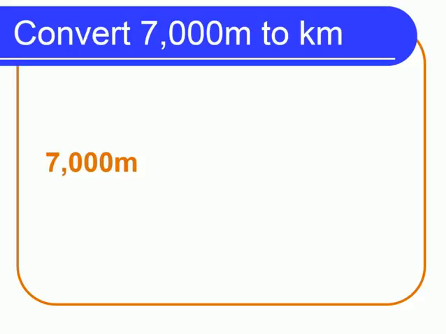All right, we're given 7,000 meters. I'm going to multiply by a conversion factor. I'm going to use the statement of equality that 1 kilometer is equal to 1,000 meters. Now, this is the same statement of equality we used in the previous example, but you can see here that I've flipped the units so that the kilometer unit is on the numerator and the meter unit is on the denominator.